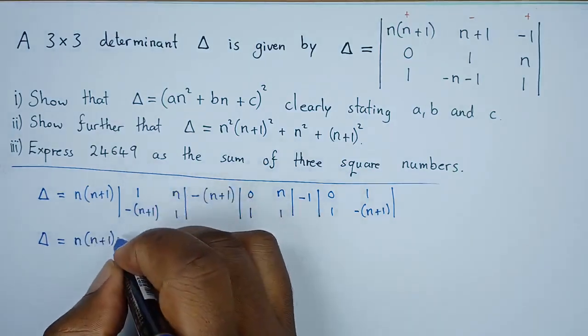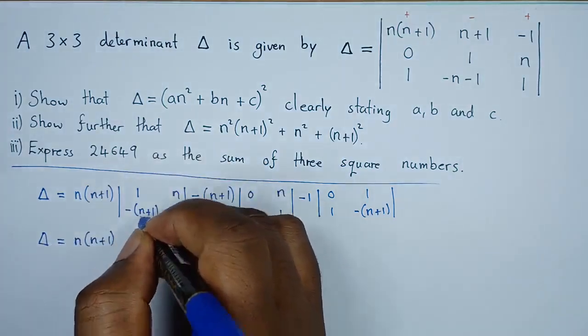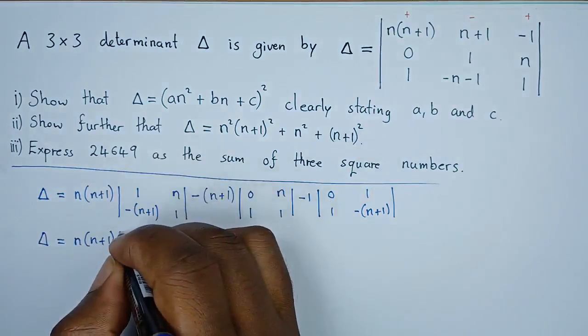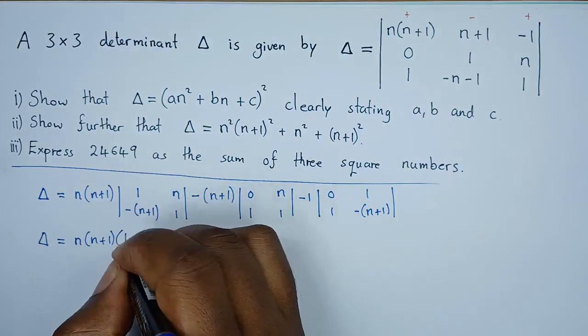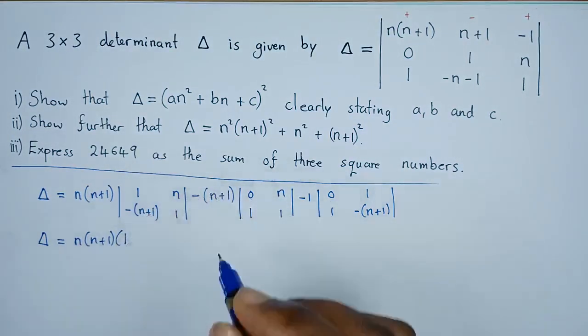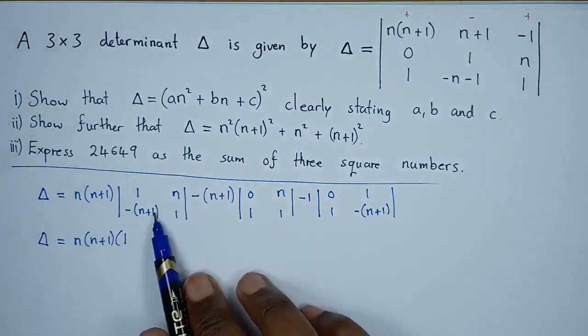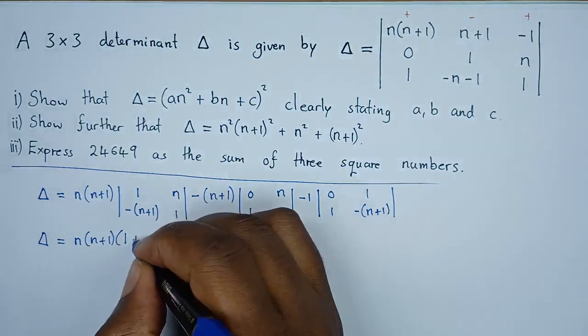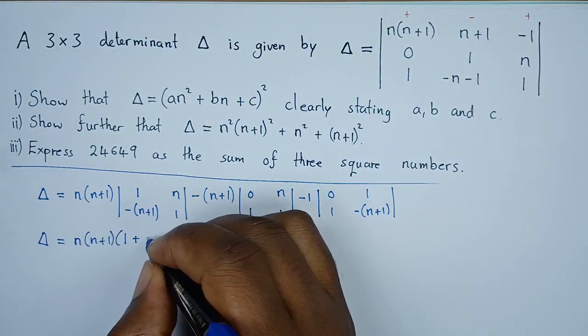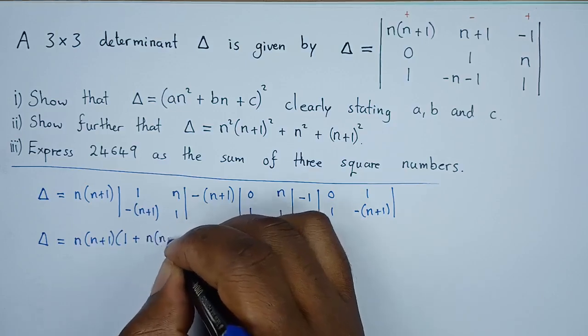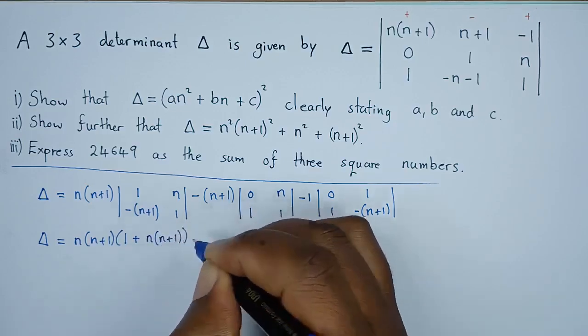So 1 times 1, remember it's major diagonal minus minor diagonal. So 1 times 1 is 1. This times this, since they'll be subtracting, then we'll have a positive. This will change to a positive, hence we'll have n plus 1, like that.